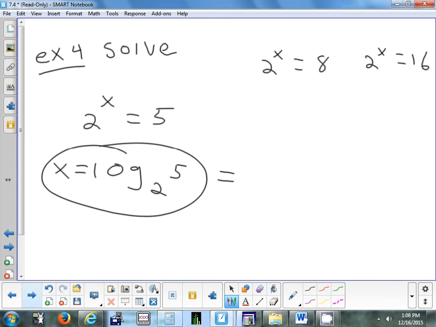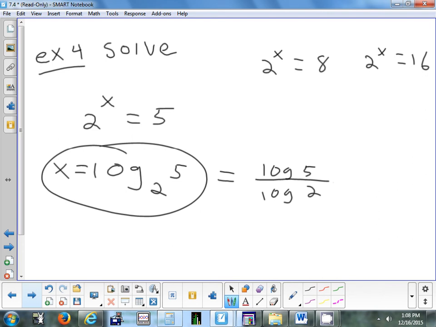Remember the exact number, is it log 2 over log 5? Log 5 over log 2? Yeah, log 5 over log 2. Now, what base are you using there? 10. So now we've rewritten it as a base we can type in.